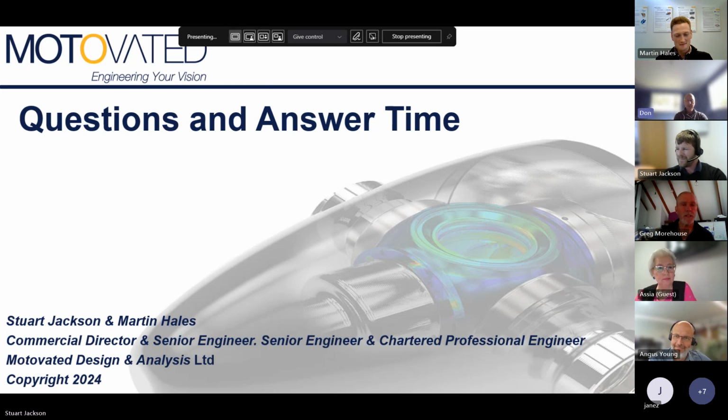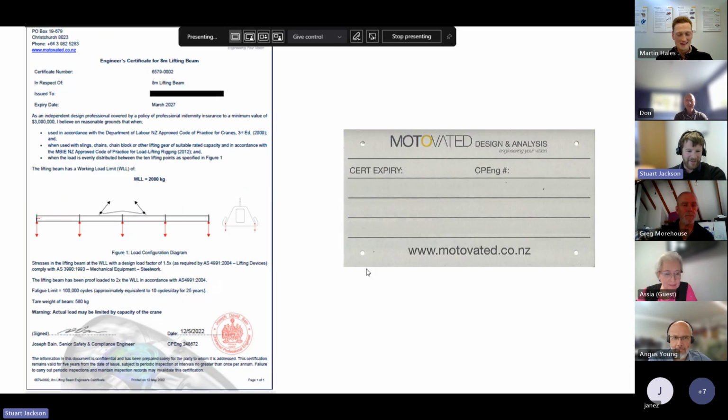So is the stamp you put on documents a Motovated stamp or a stamp from somewhere else? That particular stamp is a Chartered Professional Engineer stamp. The certificate really does link back to the engineer who has signed that off.